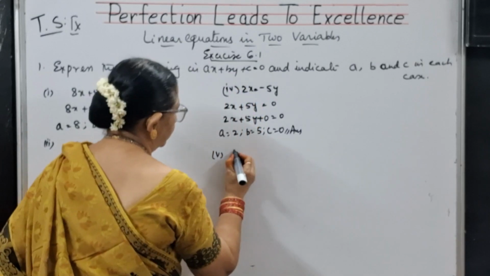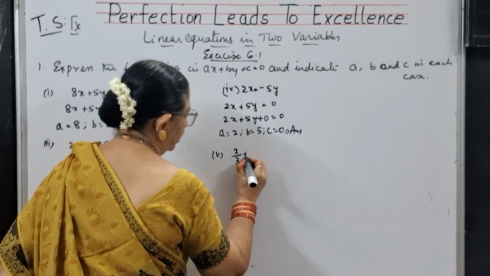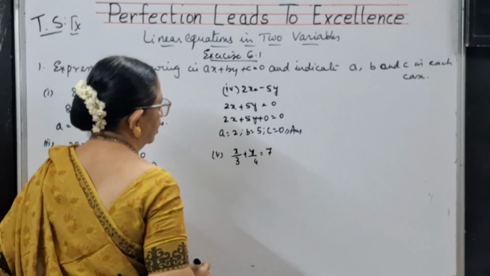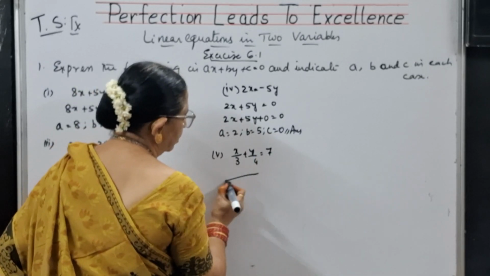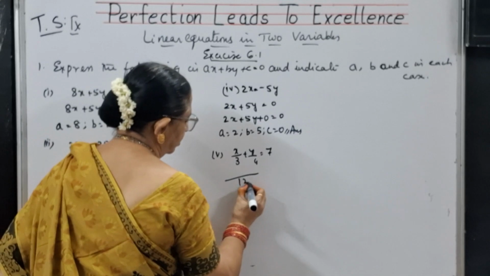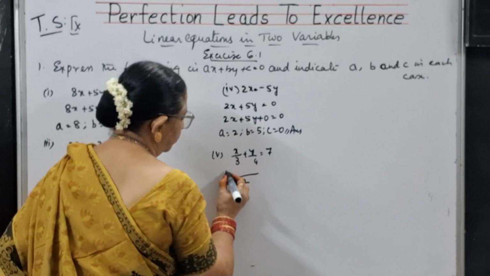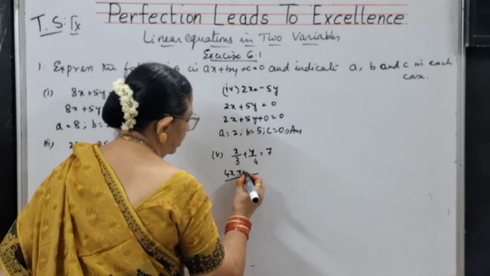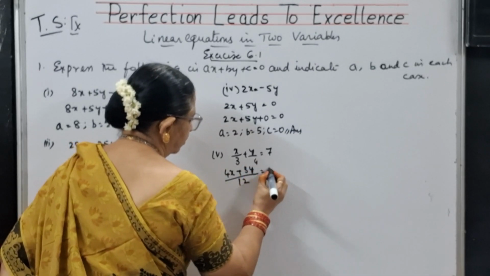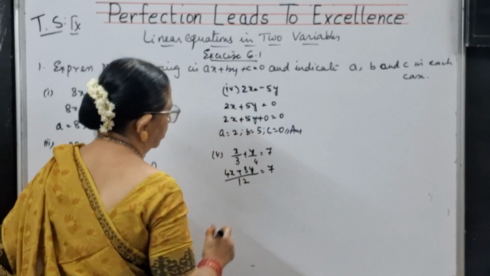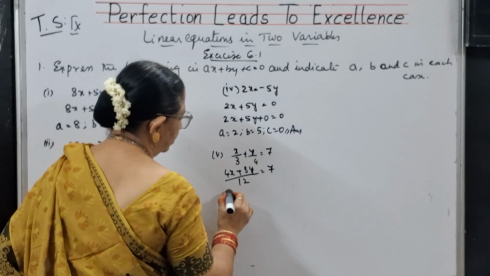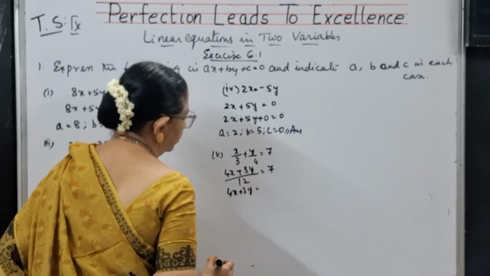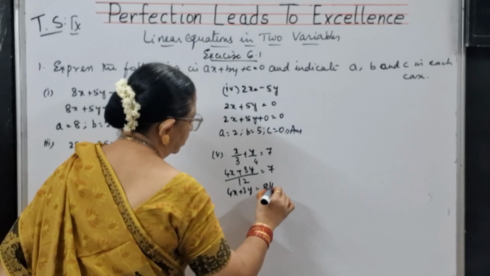Now, the fifth bit. Fifth bit is x by 3 plus y by 4 is equal to 7. The most convenient way is to take LCM 12. 3 4s are 12, so 4x plus 4 3s are 12, so 3y is equal to 84. So how much are you getting? 4x plus 3y is equal to 84.